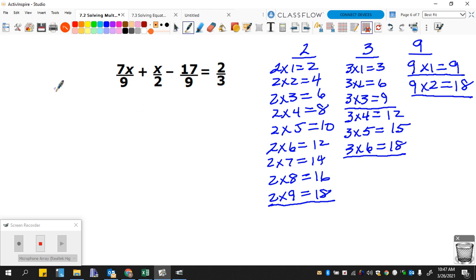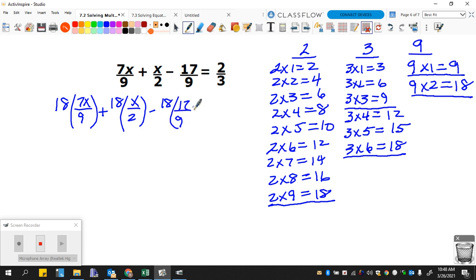Okay, so we're going to say 18 times 7x divided by 9 plus 18 times x divided by 2 minus 18 times 17 divided by 9 is equal to 18 times 2/3.